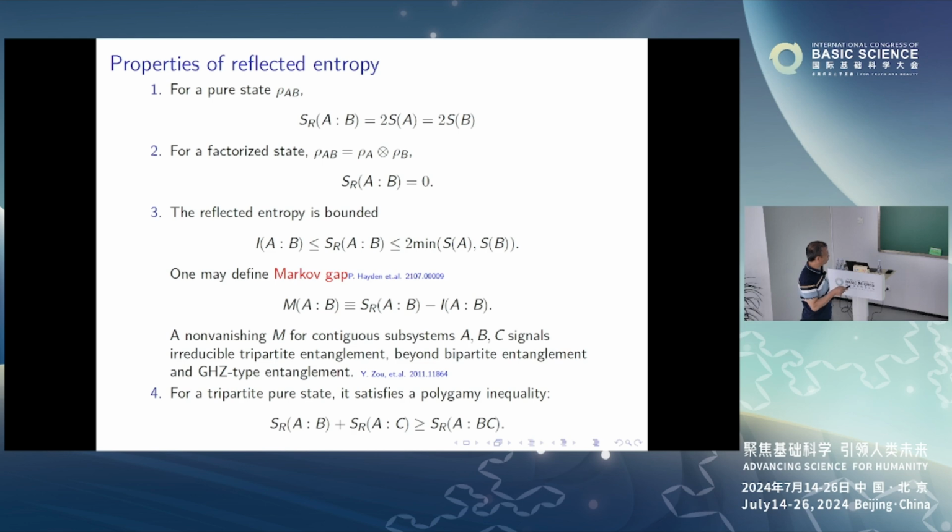And one can prove that the entropy is bounded between the mutual information between A and B and 2 times the minimum of S_A and S_B.